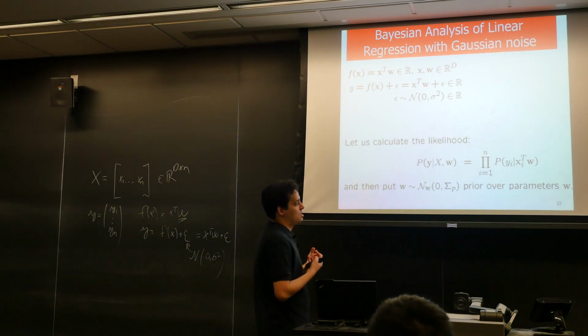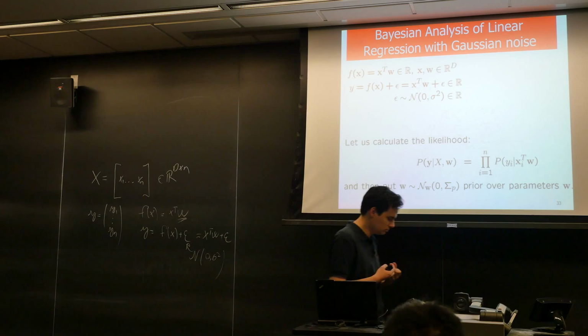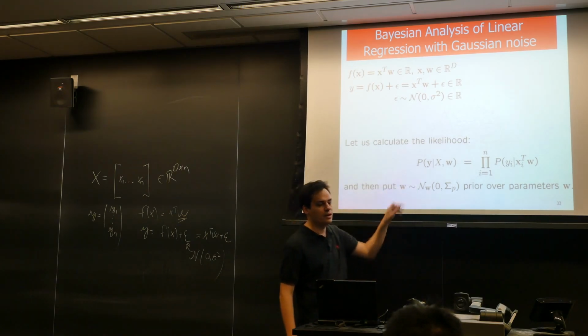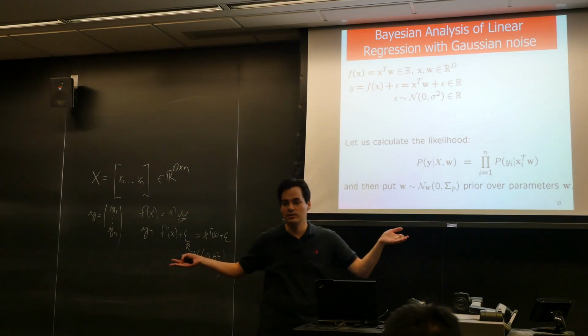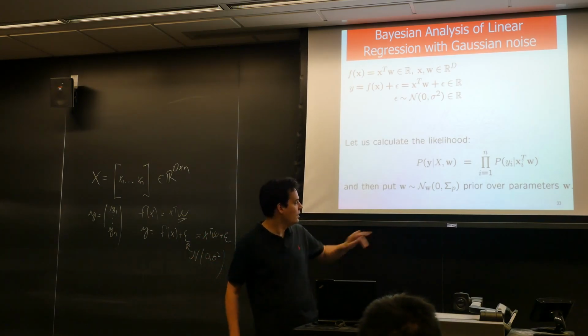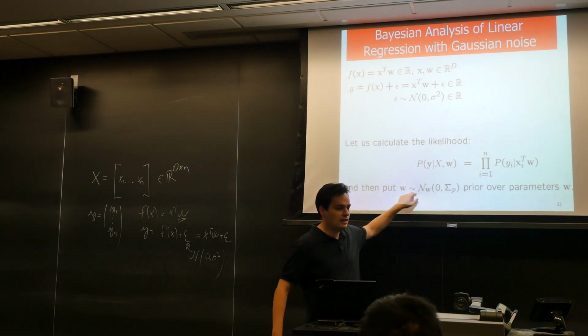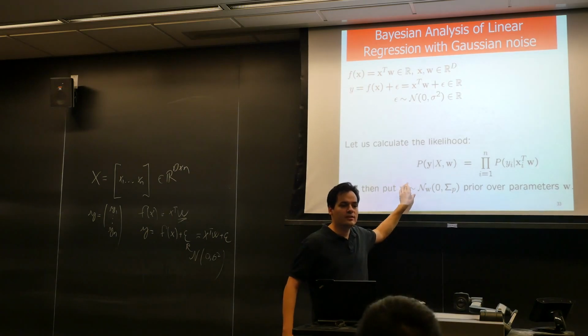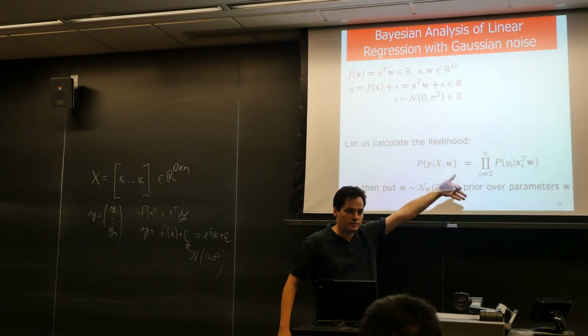And then we make an extra assumption: we don't just do a maximum likelihood estimation on the w weights, we assume that we have a Bayesian prior distribution on the w's. Okay, so we will assume that we have this Gaussian distribution on w's, and we want to calculate the posterior distribution of w's after observing the data.